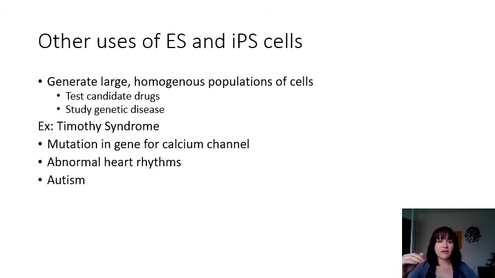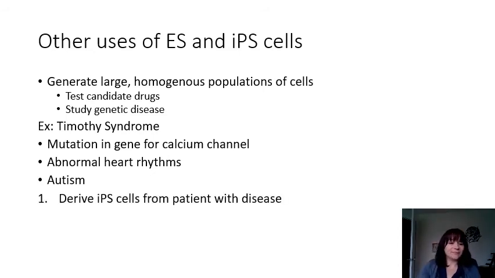And now you can study the molecular mechanisms behind the autism, for example, due to this genetic disease, in basically this person's own neurons without having to actually take neurons from their brain.